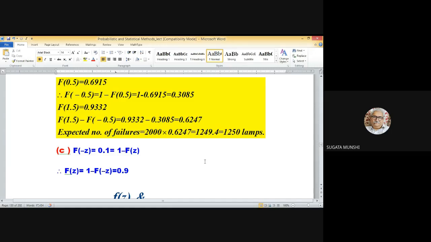Therefore, F of Z, which is 1 minus F of minus Z, will be 0.9. Now with this value of capital F of Z, you may refer to the table and find out Z, isn't it?